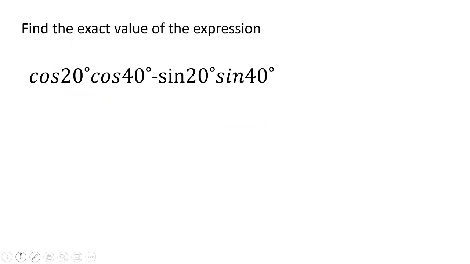Okay? Here it says find the exact value of the expression. This is one I don't think I'm going to challenge you with on your homework, but I'd still kind of like to go over it with you. If I were to look at this, and I were to say, man, this is cosine of A times the cosine of B minus the sine of A times the sine of B. Look on your note card.